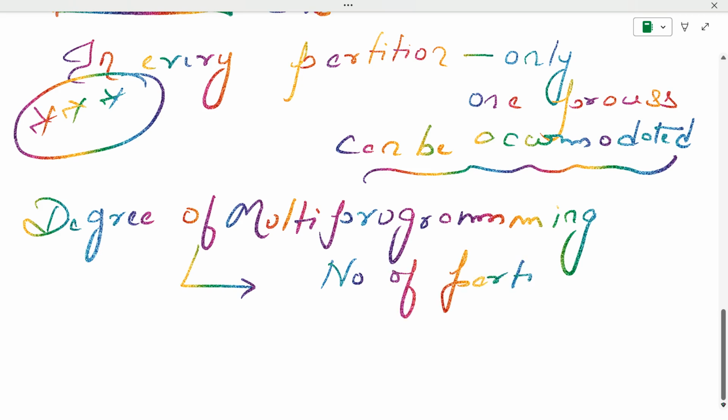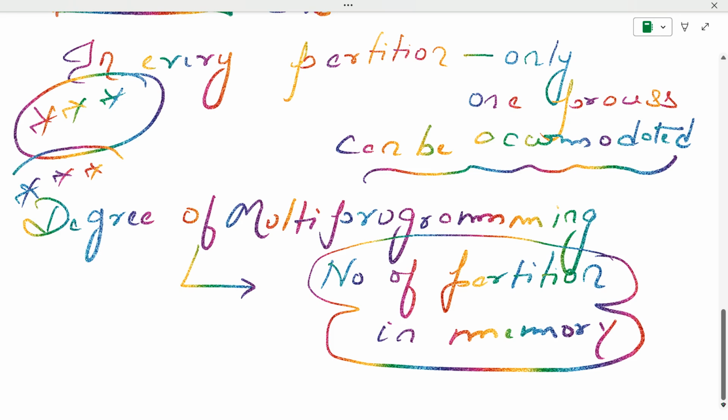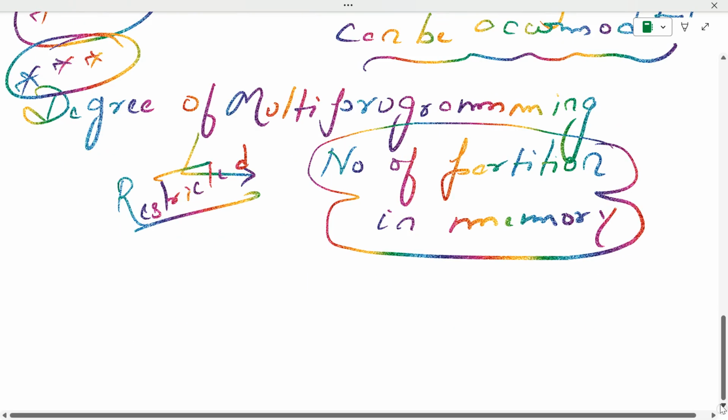If we assign one process at a time to one partition, and there are 10 partitions, then at a time we can have only 10 processes running. So the degree of multiprogramming gets restricted to the number of partitions in the main memory. So this is another thing.